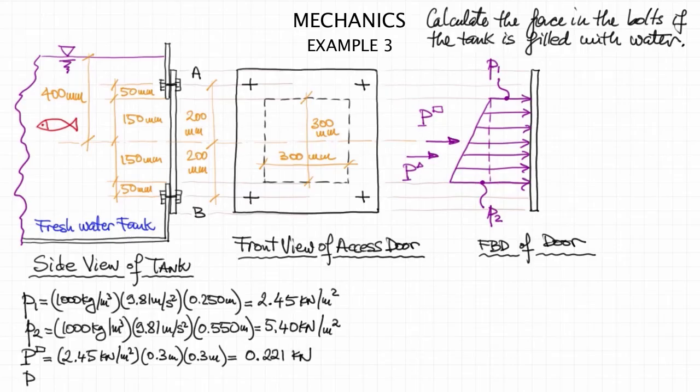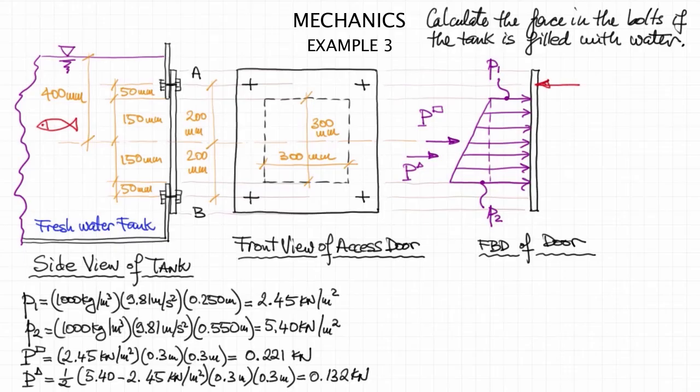That is 300 millimeters, the width of the opening that is covered by the access door. We can do the same for the triangular pressure block. The width is the same, 300 millimeters. These are the magnitudes of the concentrated forces: 221 kilonewtons for the rectangular pressure block and 0.132 kilonewtons for the triangular pressure block.